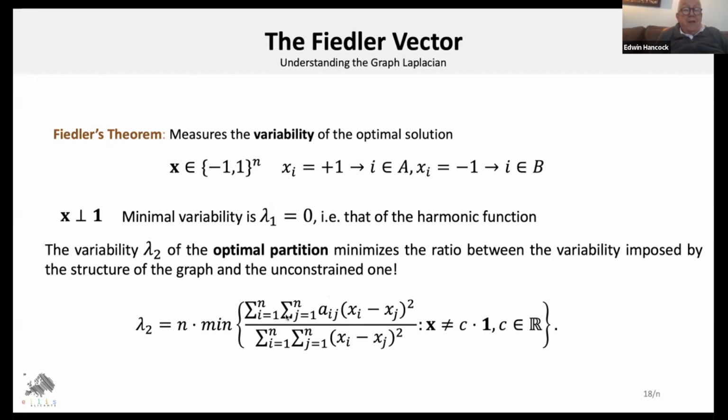So I can write this down in terms of the following ratio. I sum over all pairs of nodes. I multiply the edge connectivity or the weight by the difference between the values of the function or the components of this vector x at connected locations, and square that, and then just divide by the same thing where, instead of imposing the edge structure of the graph on the variability, I simply take the total variability over all elements of the function.